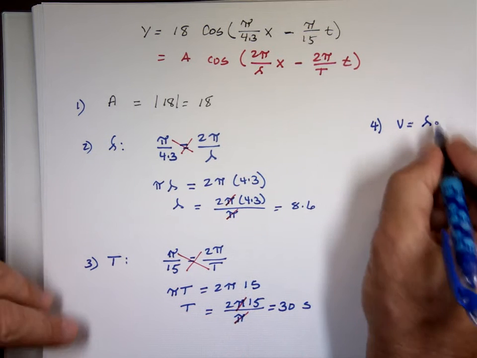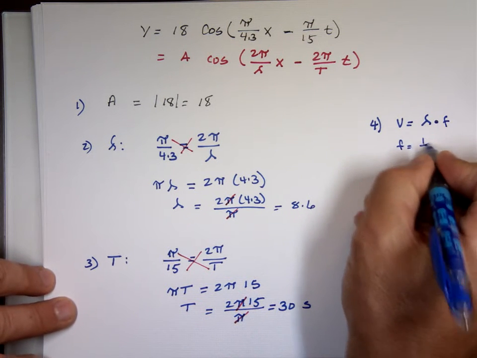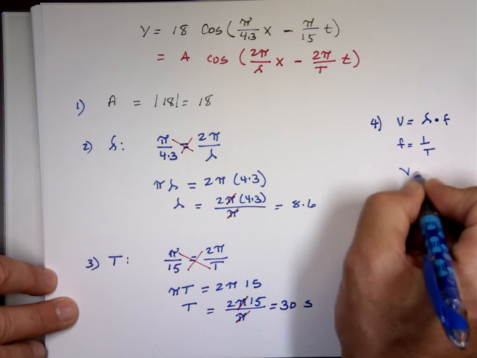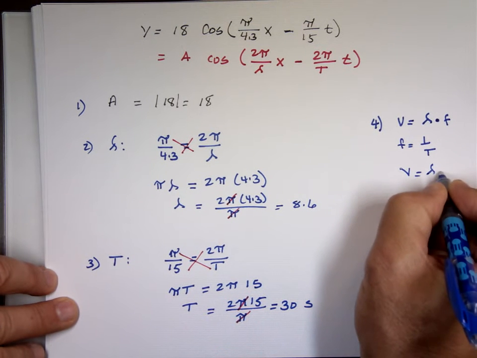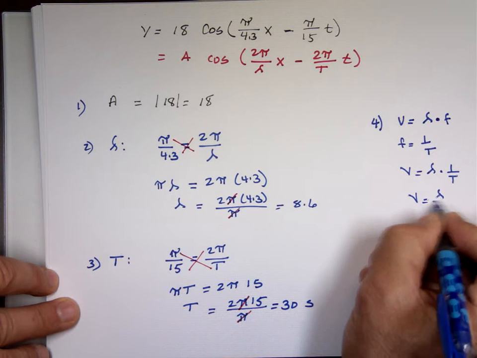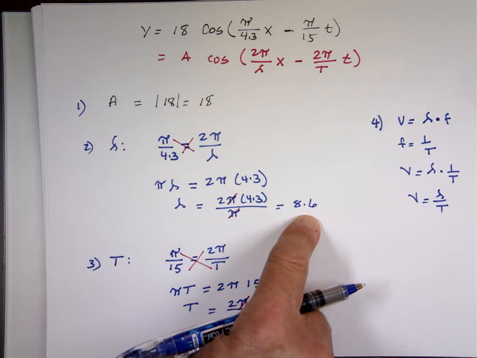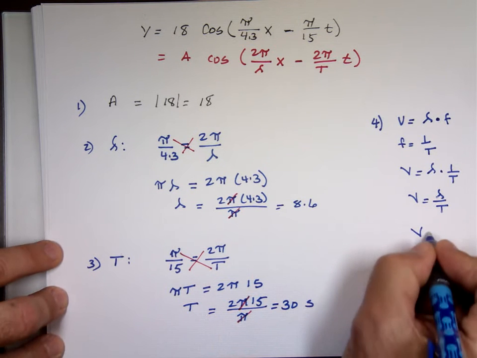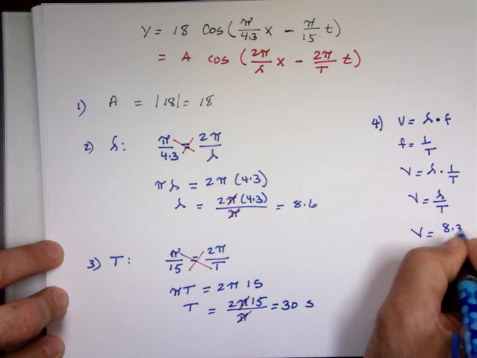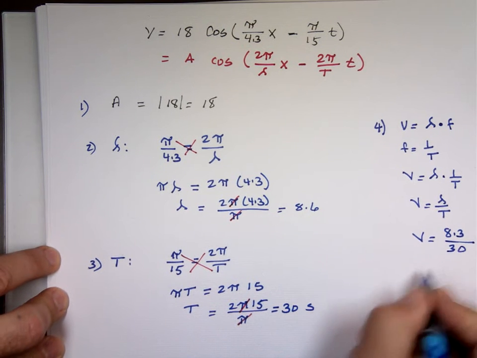F. And F equals 1 over T. So the velocity is lambda times 1 over T, which means lambda over T. Do we know what lambda is? Right here. Do we know what T is? Right here, 30.